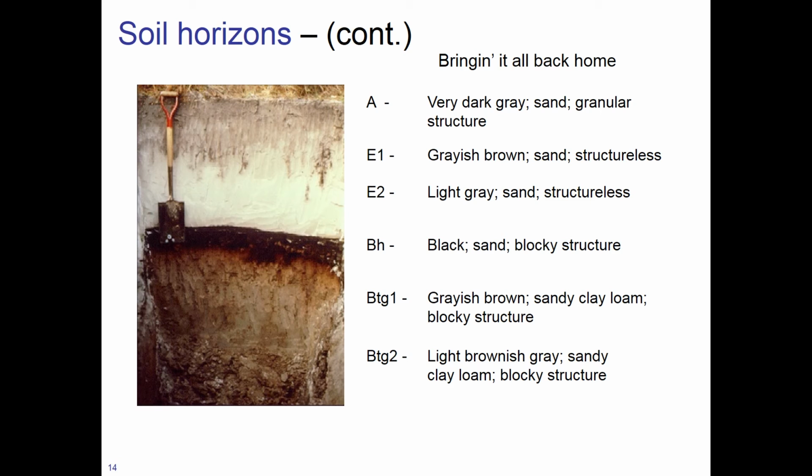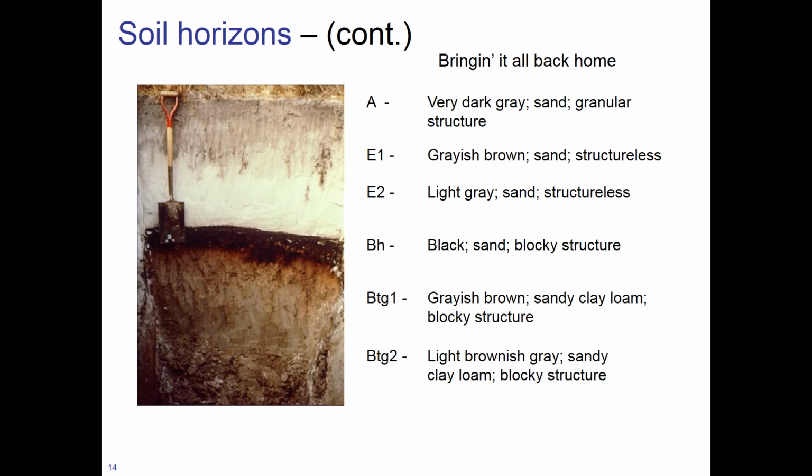We can make some genetic inferences here because we have the white sand, which would indicate eluviation, a very, very pronounced eluviation, and the Bh horizon, which indicates very pronounced illuviation, accumulations from the processes that have taken place in the soil that have depleted the upper part of the soil by the eluvial process, and has resulted in the accumulation of the organic matter along with aluminum, which has given a very dark color to the Bh, to the layer that we're going to call the Bh.